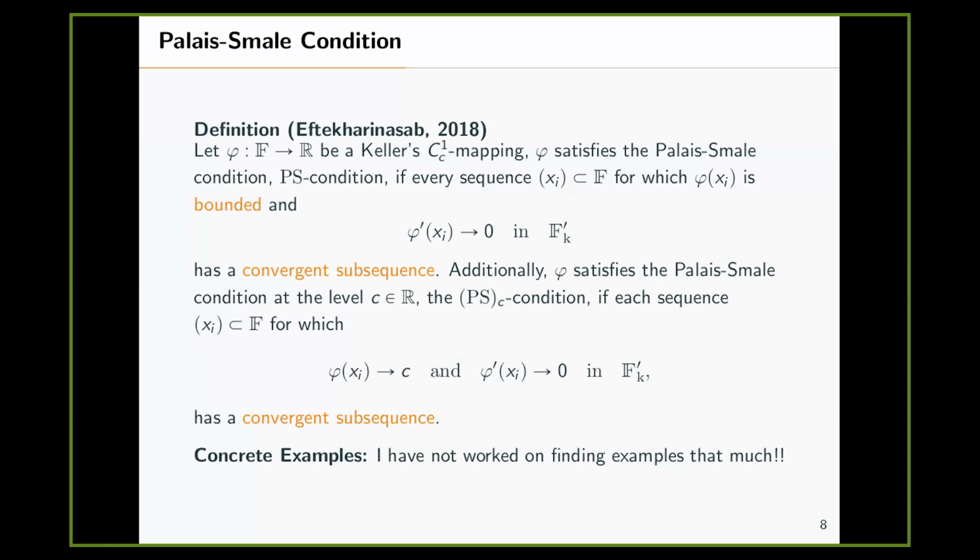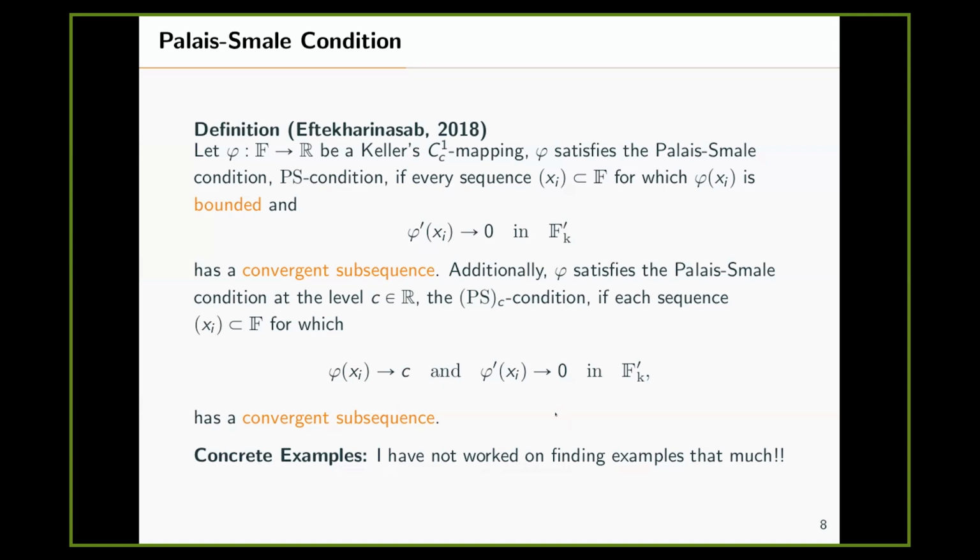However, it could be in Muskat-type spaces, where the solution of an elliptic PDE is a critical point. That's a potential place to look, and hopefully we will tackle that problem.